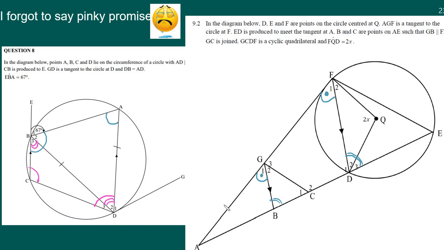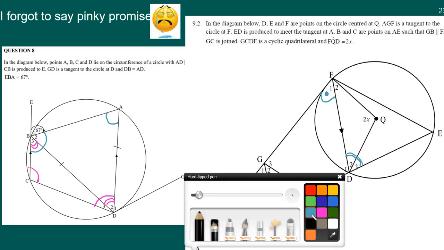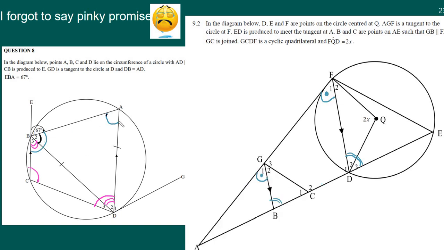So back to question 8. B2 is equal to A because angles opposite equal sides. That's true. I'm practicing over, which is a very good thing, ma'am.